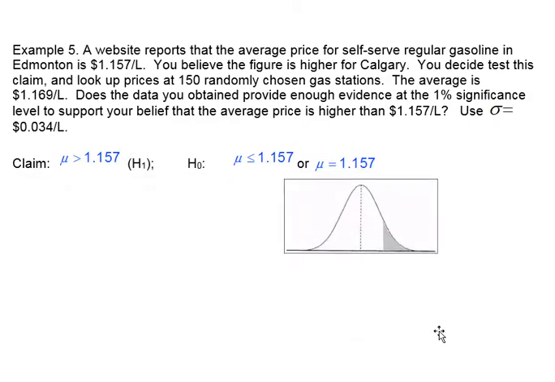So again, identifying all of our variables. Obviously, our standard deviation is 0.034. Alpha, our significance level, is given as 1%. Our sample mean is the mean from your 150 randomly chosen stations. Speaking of 150, that's our n. So there's our variables.